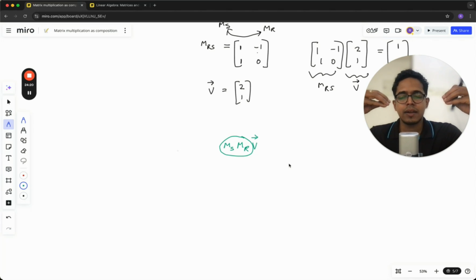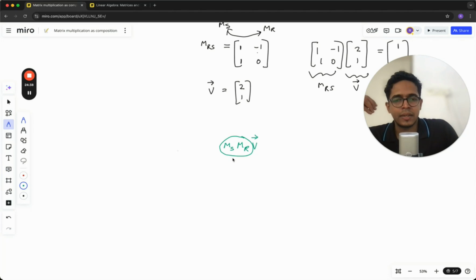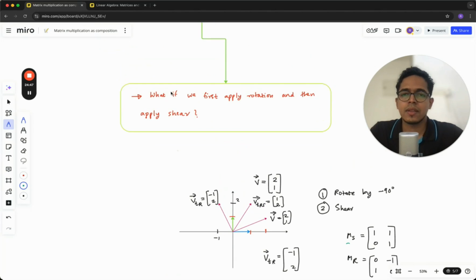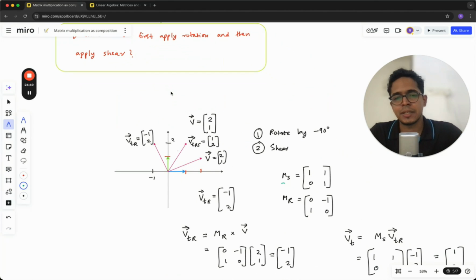If a matrix is multiplying with a vector, we are transforming the vector. But what if the matrix is multiplying with another matrix? Then that is the definition of a composite linear transformation. The resultant matrix, which comes from the product of two other matrices, essentially does the composite function. And the composite function it performs is applying rotation and shear together.